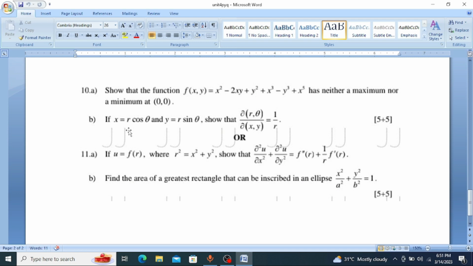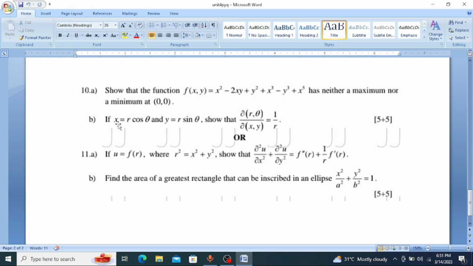And the next, if x is equal to r cos theta and y is equal to r sin theta, show that ∂(r,θ)/∂(x,y) is equal to 1 by r. So x we have in terms of r and theta, and y we have in terms of r and theta.